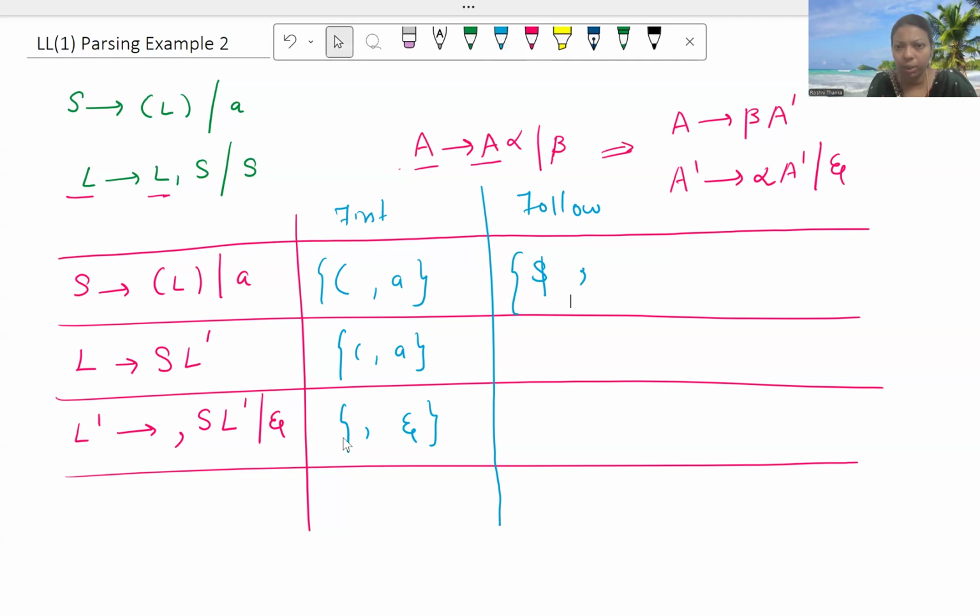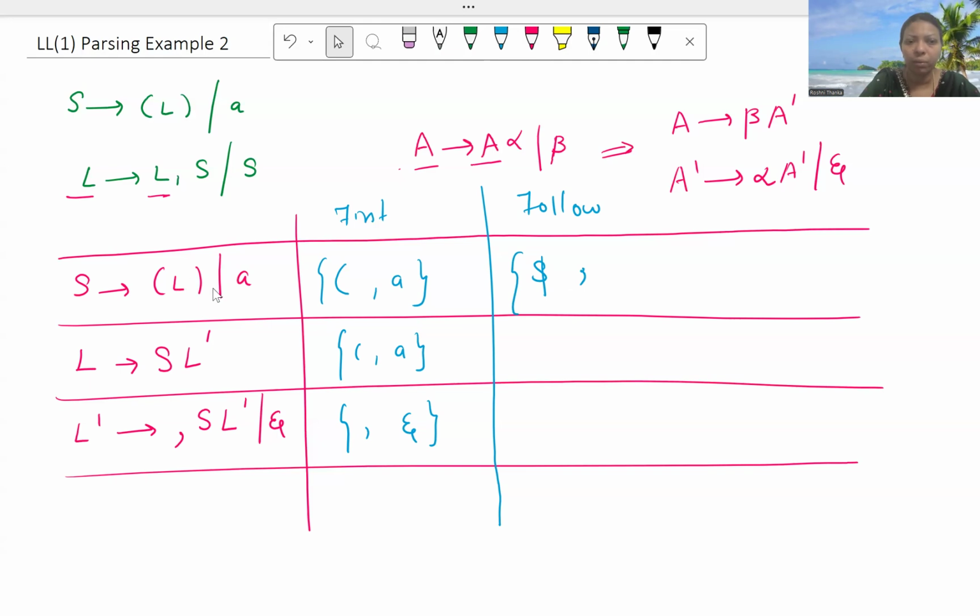The other one in first is epsilon. When I replace L dash with epsilon, after S nothing will be there, right? Because epsilon means nothing. If nothing is there after S, you have to go and take the follow of L. So now I want the follow of L. Let's go and find it.